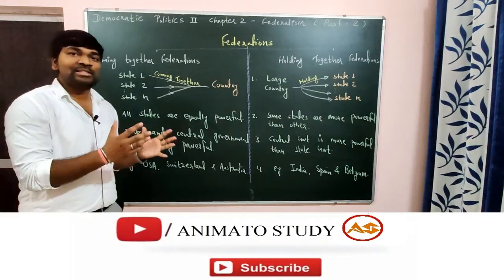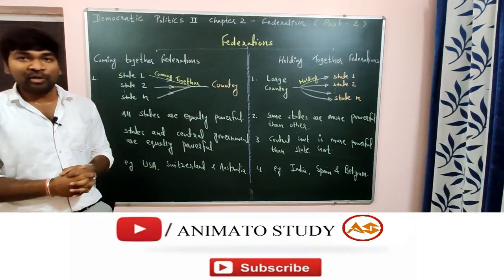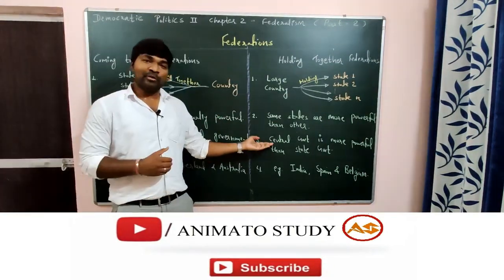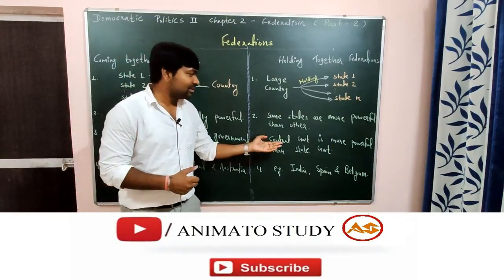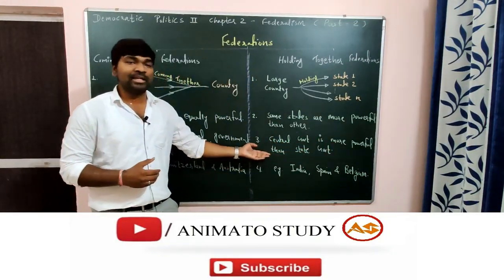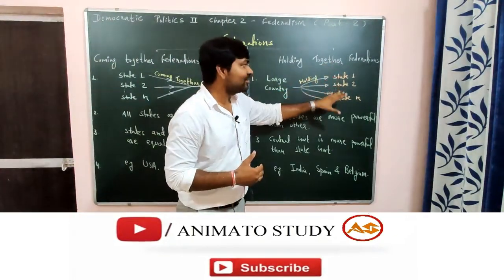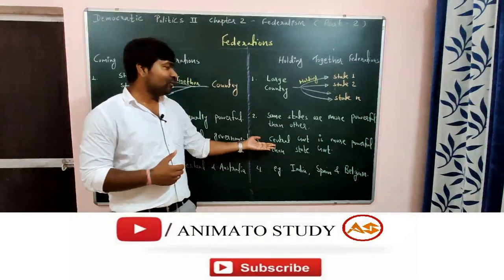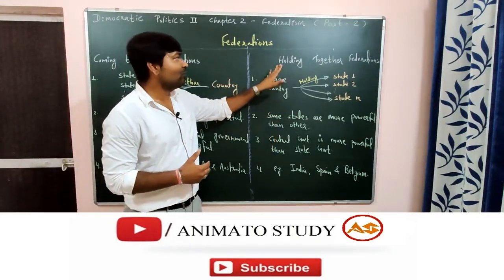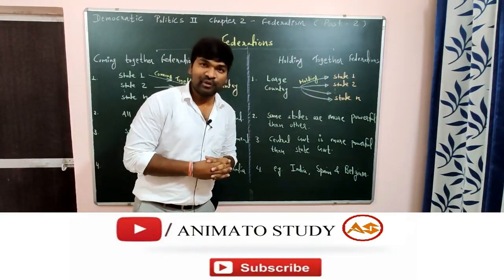Here both the state and central government will be equally powerful, but holding together is a completely different case. Here the central government is more powerful than the state government. Why? Because the central government has to hold each and every state together. That is why the central government will be more powerful in case of holding together federations, fine.